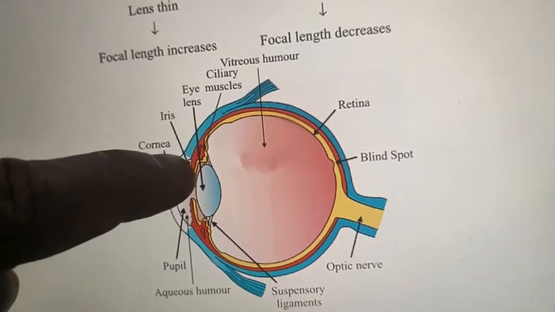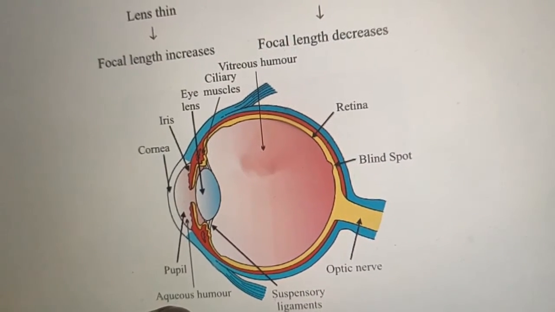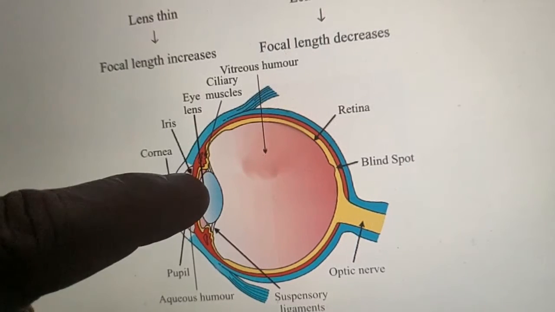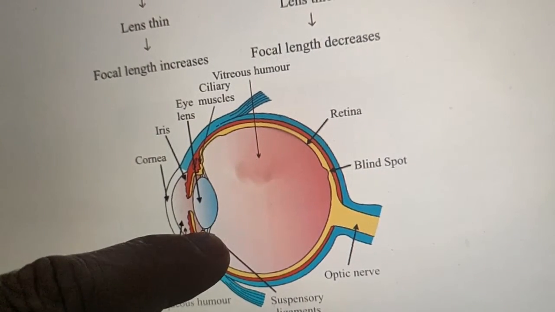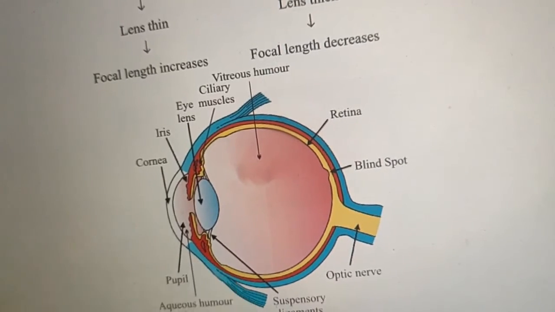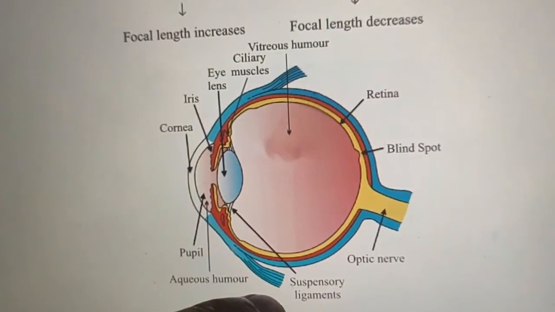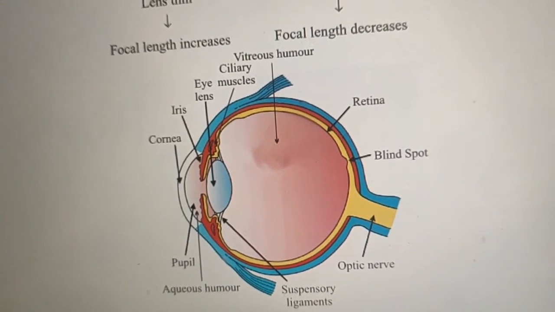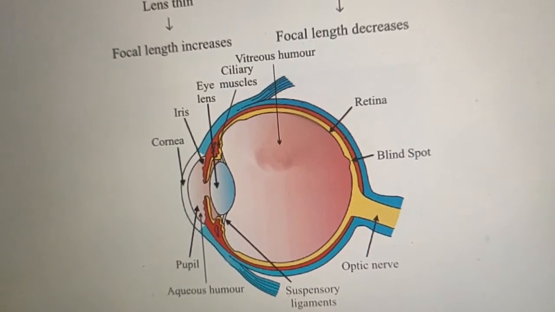And there is a liquid filled here which is called aqueous humor. Then comes the lens. Eye lens, it is a convex lens, and this is controlled by ciliary muscles on both sides, that is suspensory ligaments or ciliary muscles control its thickness.